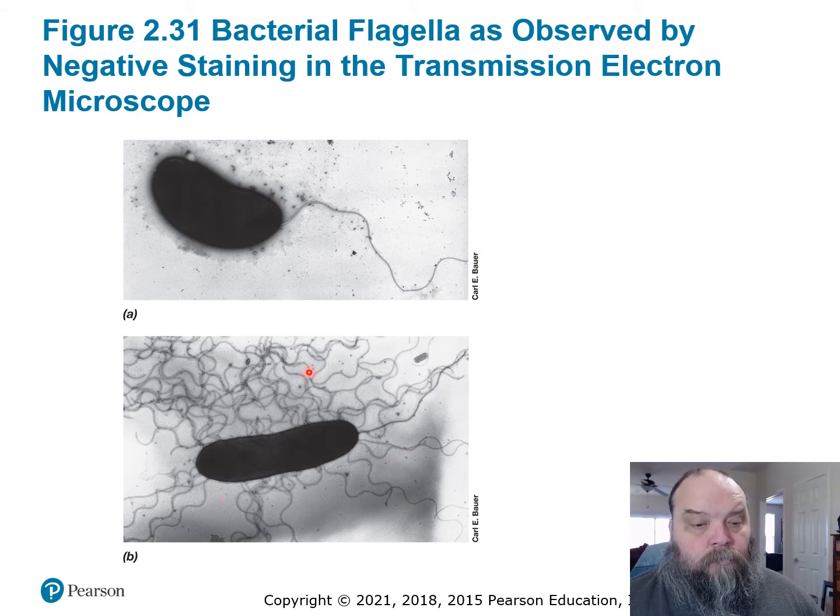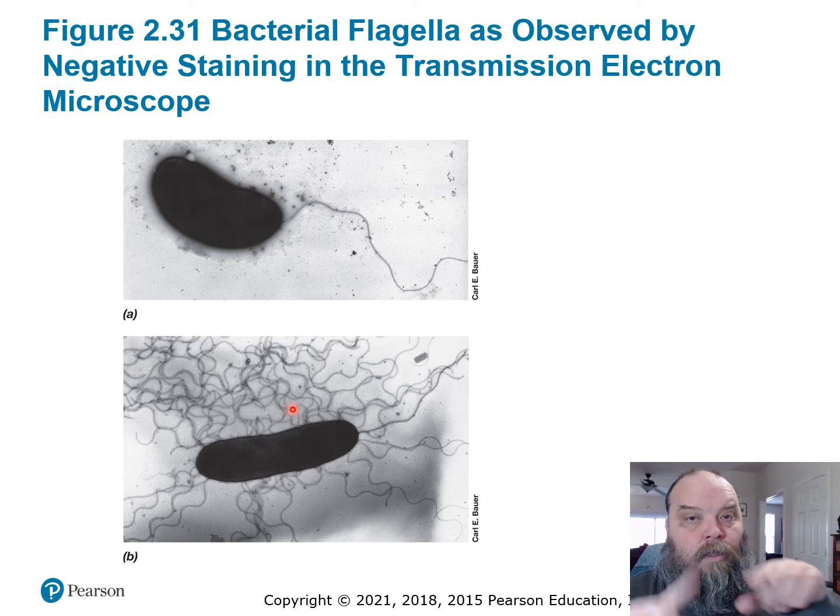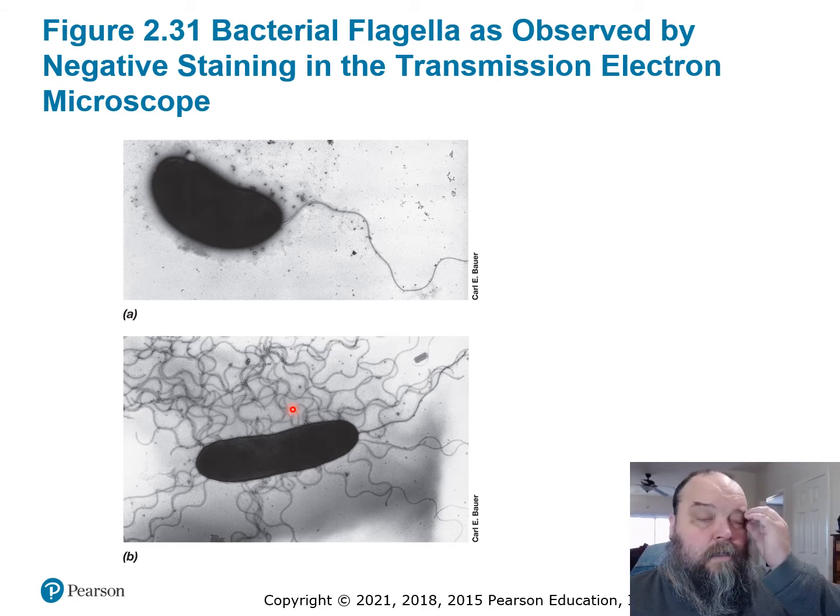Or it could be numerous ones, and they'll all spin in a concerted way. They're orchestrated together to allow the cell to move, pull it forward, push it backwards, however, and do so in such a way that they don't all become entangled.